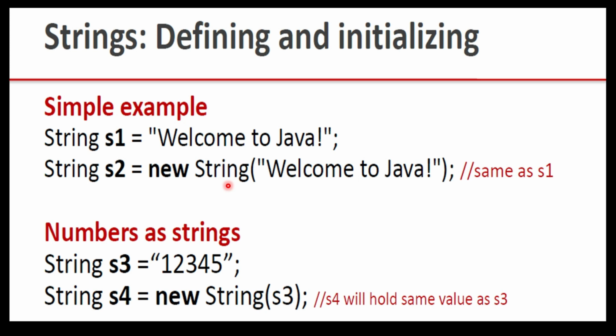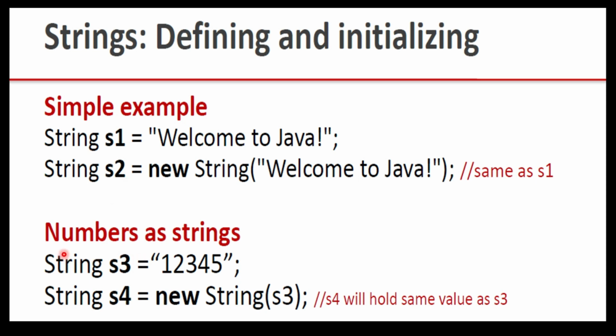So this is an object we are declaring, and in double quotes your string is declared over here. So S1 and S2, there is no difference. The method by which you have declared them differs, but the value has no difference. Both S1 and S2 are string objects.